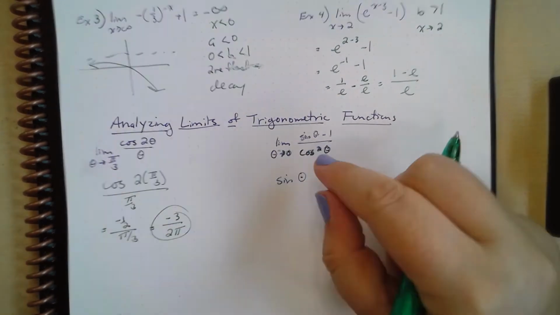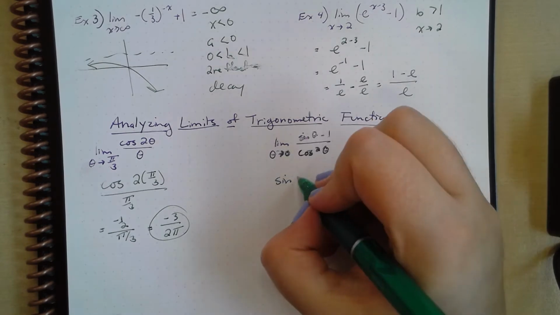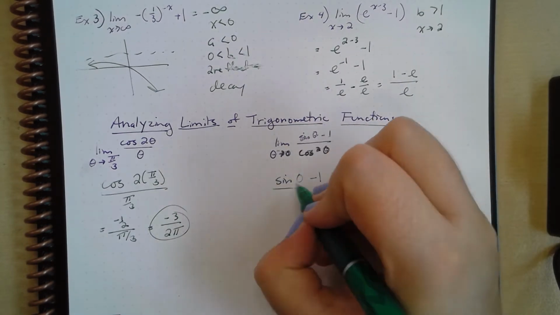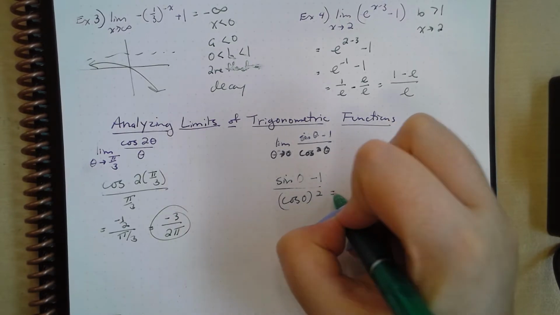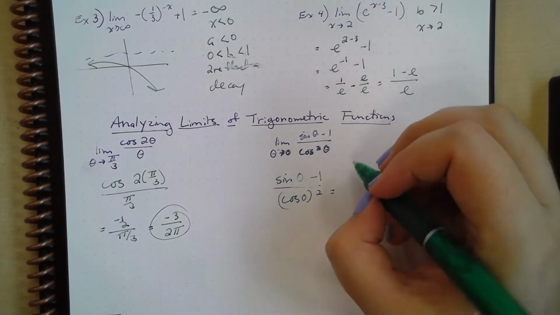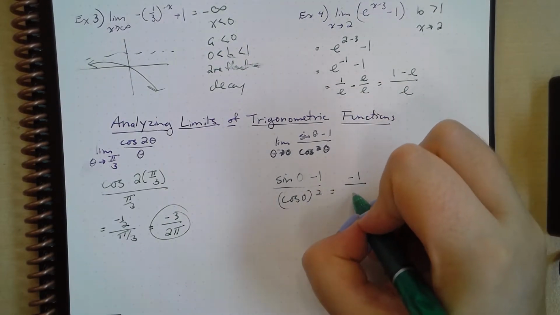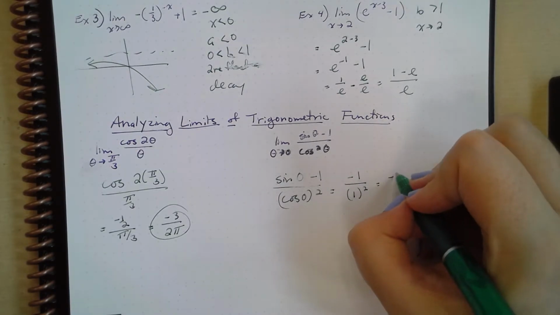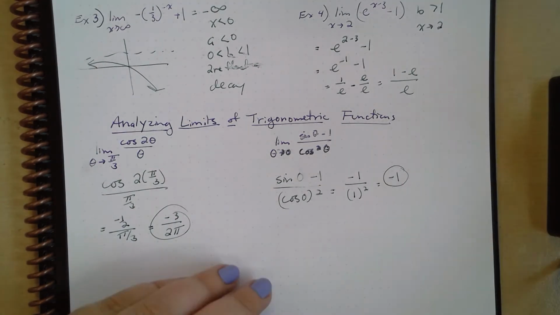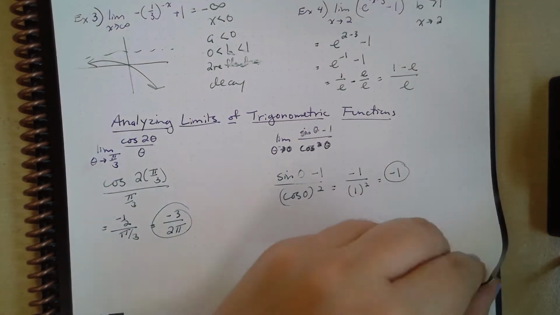Oops, I tried to write it as theta. It's not theta anymore, it's 0. Minus 1 over cosine of 0 squared. Well, the sine of 0 is 0, so we're going to have negative 1 over 1 squared, which is just equal to negative 1. So simple and easy. So let's move on and make them a little bit more complicated. That's always fun to do, right?